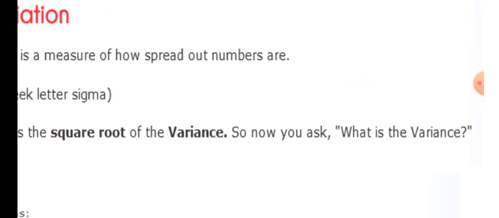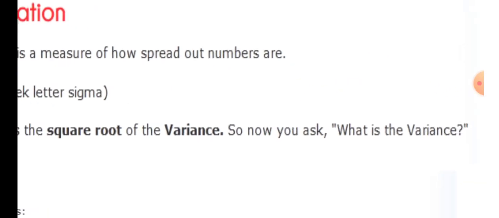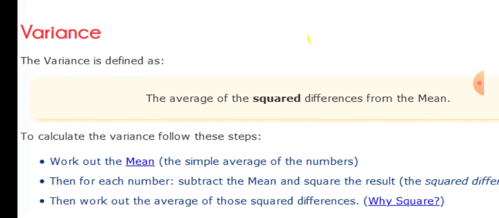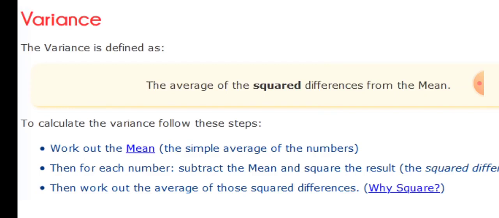So now the question is, what is the variance? That is the formula of the variance: the average of the squared differences from the mean.